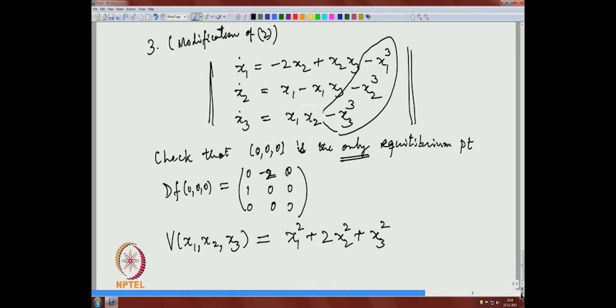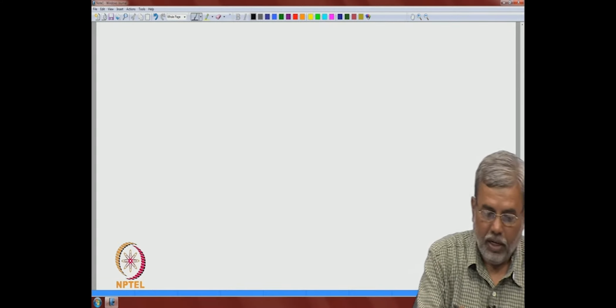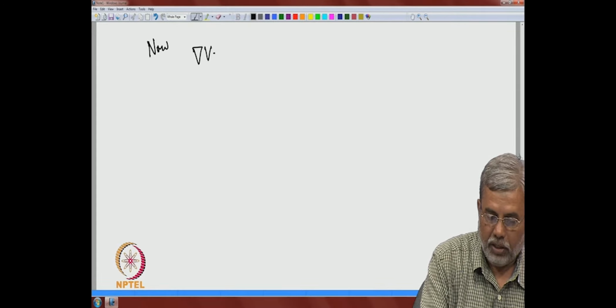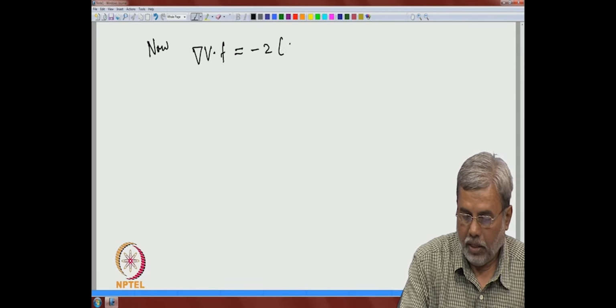Previously we computed grad v dot f for the previous system, and now for this one, please do it, some algebra.